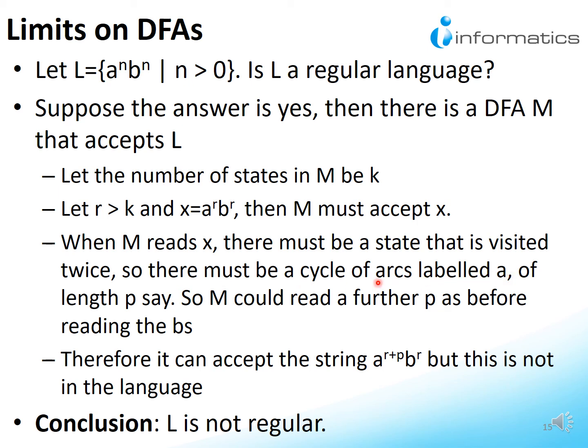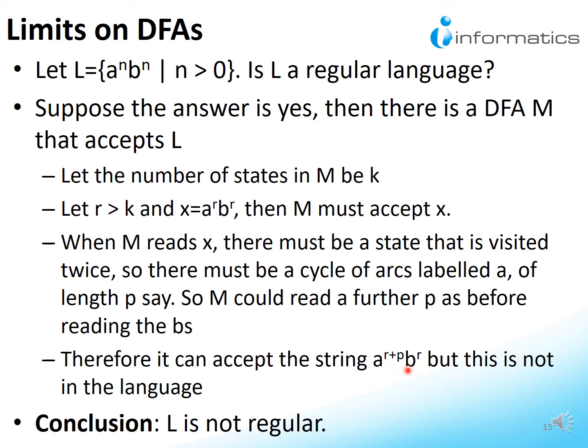This cycle can be looped many times, and therefore it not only accepts A^R B^R, but also A^(R+P) B^R, where P is the number of A's in the cycle.